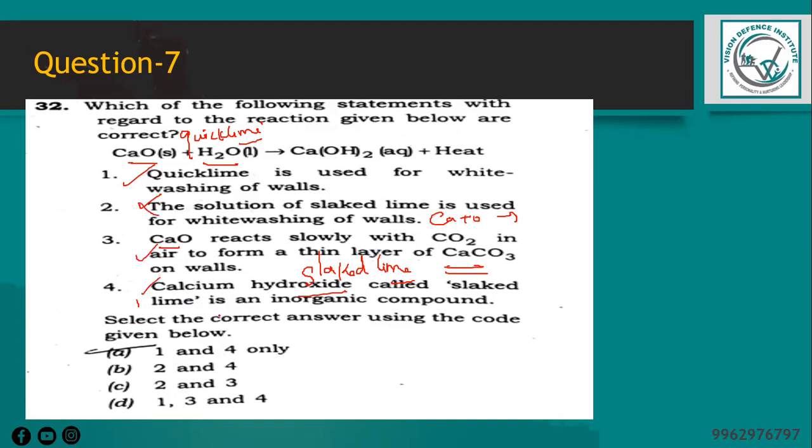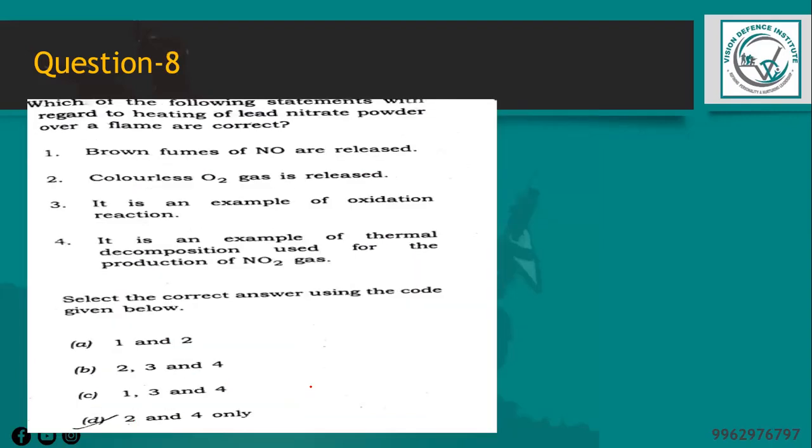In statement 2, the solution of slaked lime is not commonly used for whitewashing of walls. Why is it? Because it may be used in various applications such as the production of cement and also the treatment of wastewater, and it is also added as an ingredient in some food products as well. So this alone is an incorrect statement. So 1, 3, and 4 are right. So option D is the right answer.